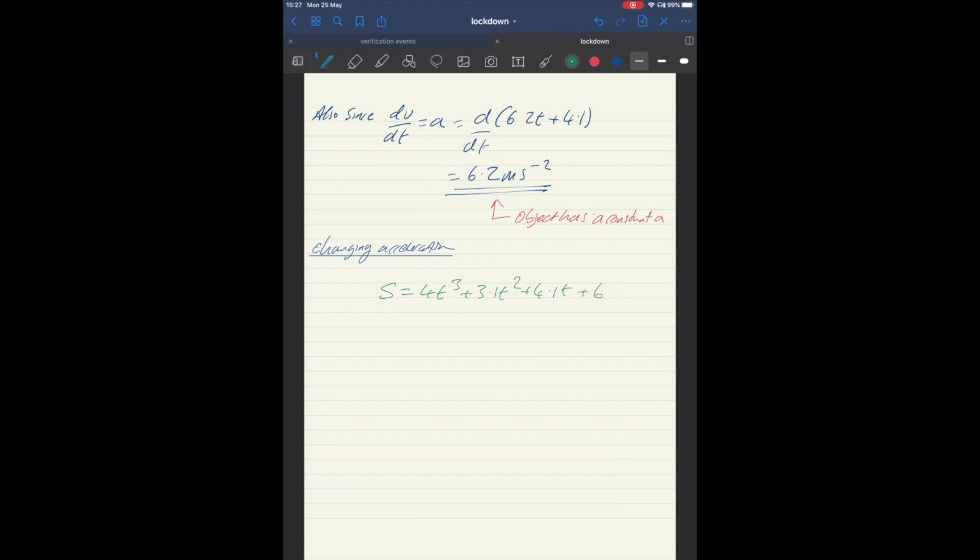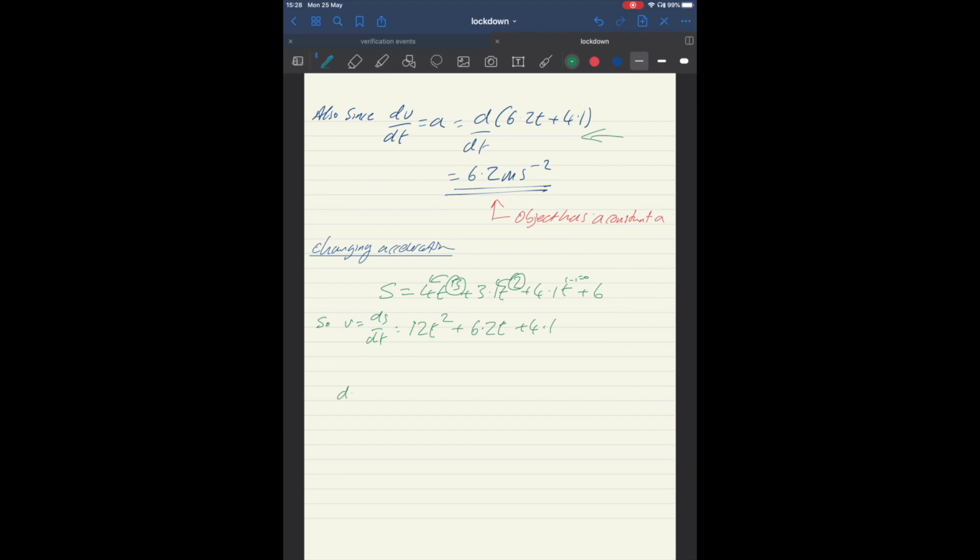So you get v equals ds by dt equals, I'm not going to write the whole thing out as I did before. 3 times 4 gives you 12t, take 1 off the power, t squared, plus 2 times 3.1 gives you 6.2t, take 1 off the power, and then 4.1 t becomes 4.1.